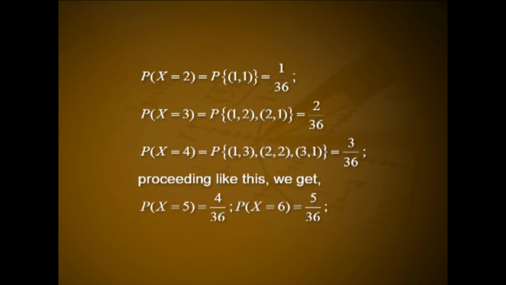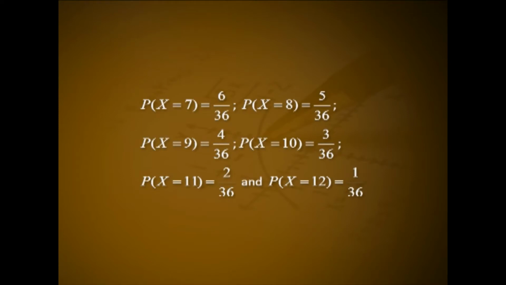Proceeding like this, we get P of X equal to 5 is 4 by 36, P of X equal to 6 is 5 by 36, P of X equal to 7 is 6 by 36, P of X equal to 8 is 5 by 36, P of X equal to 9 is 4 by 36, P of X equal to 10 is 3 by 36, P of X equal to 11 is 2 by 36, and P of X equal to 12 is 1 by 36.